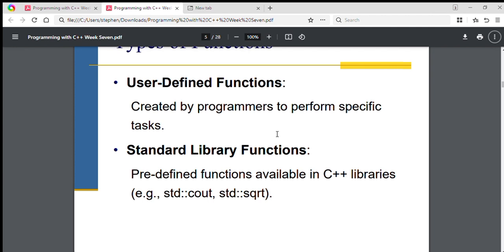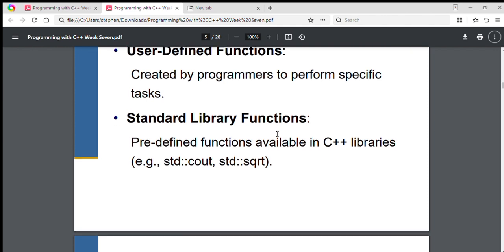Examples include std::cout for output, std::sqrt for square root and other calculations, and std::max for finding the maximum value. And then virtual functions.